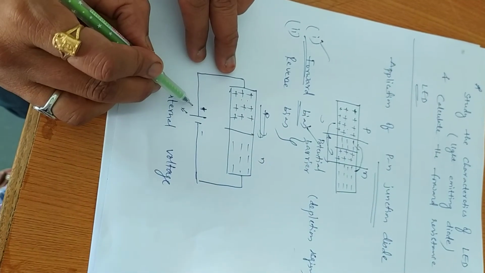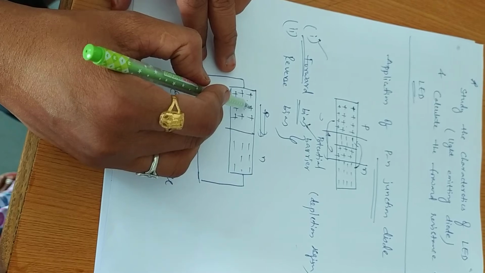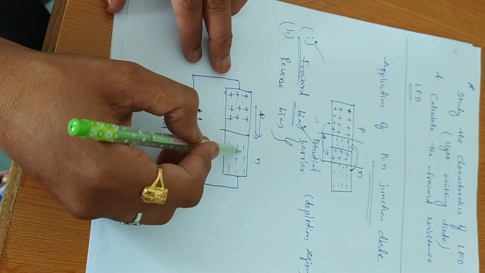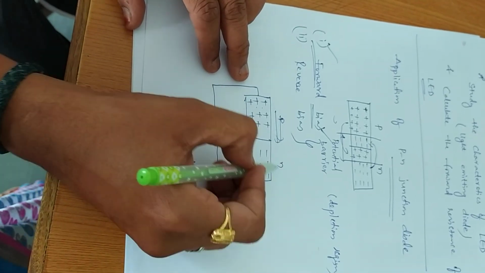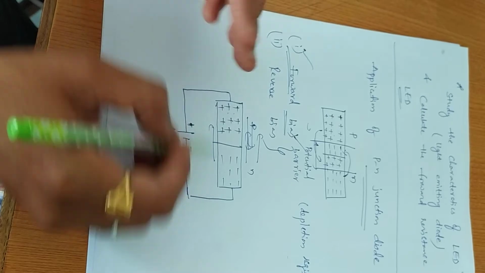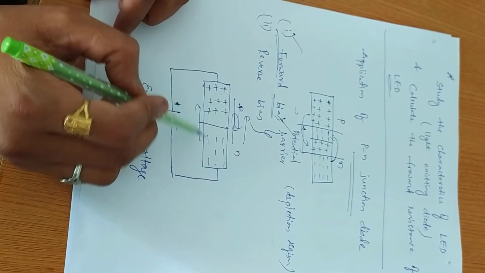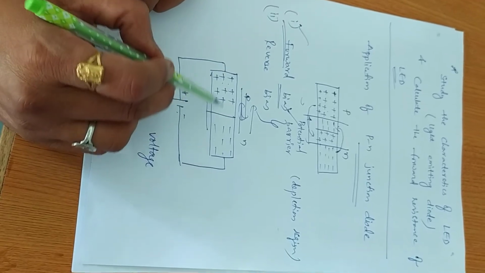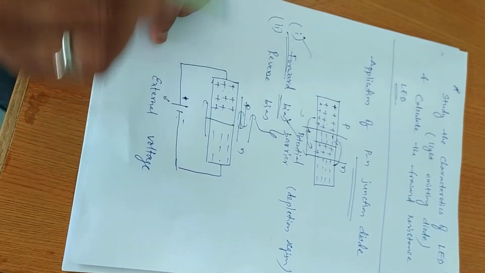Because of repulsion, they go to the other side, so they travel from the P region to the N region. Similarly, electrons, because of the repulsion from the negative terminal, travel like this. So we see a large diffusion: electrons moving from N to P region and holes from the P to N region.